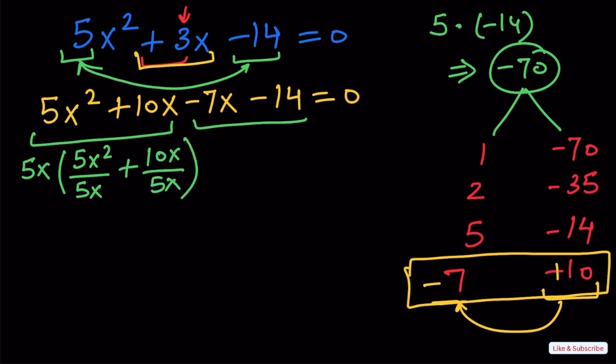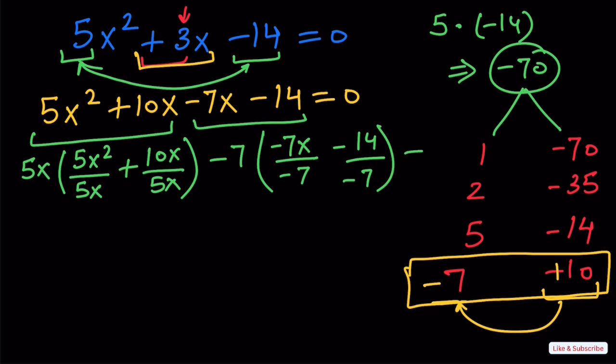Now from the next pair, negative 7x minus 14, the GCF is negative 7. So I'm dividing both of these terms by negative 7. So negative 7x divided by negative 7, negative 14 divided by negative 7. Now what is 5x squared divided by 5x? That is x. Now what is 10 divided by 5? That's 2. And 5x cancels.